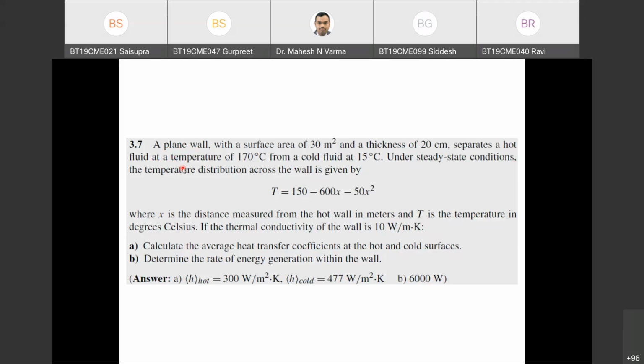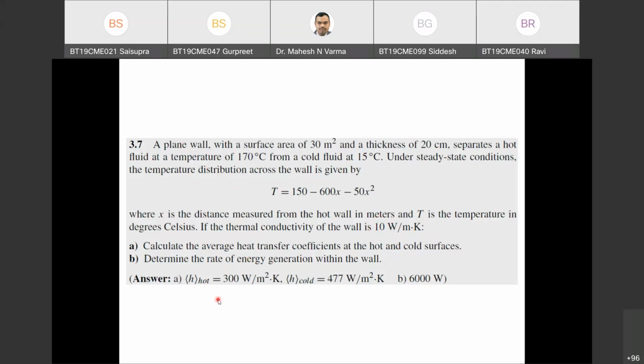While the thermal conductivity of the wall is the same. Okay, it is 10 watt per meter Kelvin on the hotter side and also on the cold side. So this is called a property of material. Thermal conductivity is the property of material, while the heat transfer coefficient is a property of system, not of material.